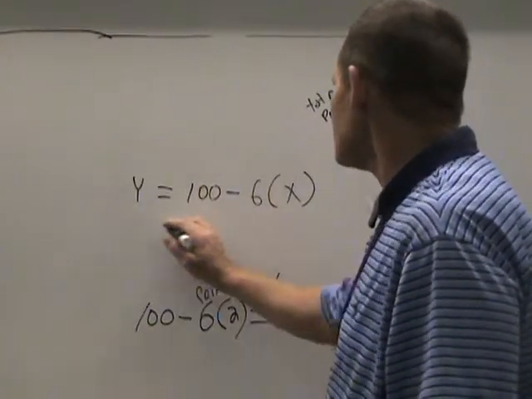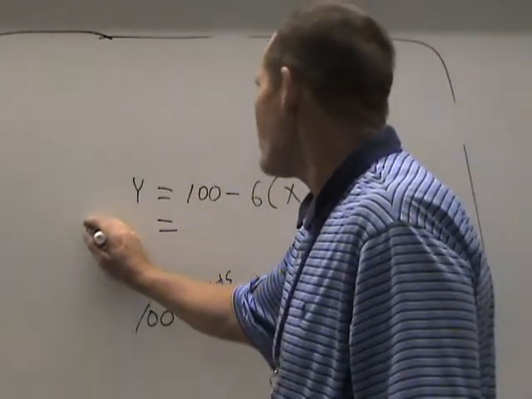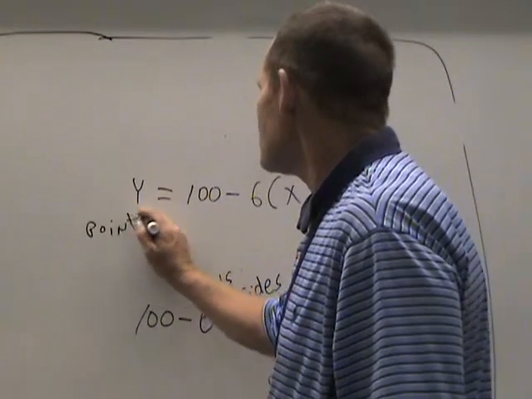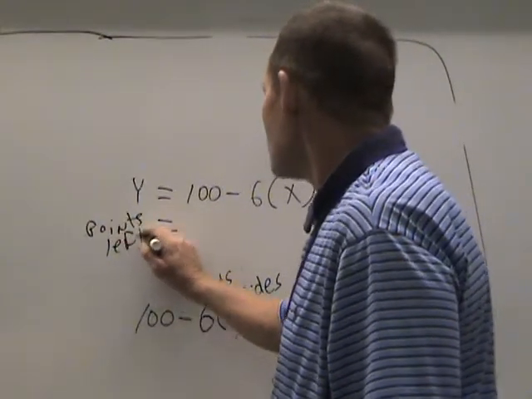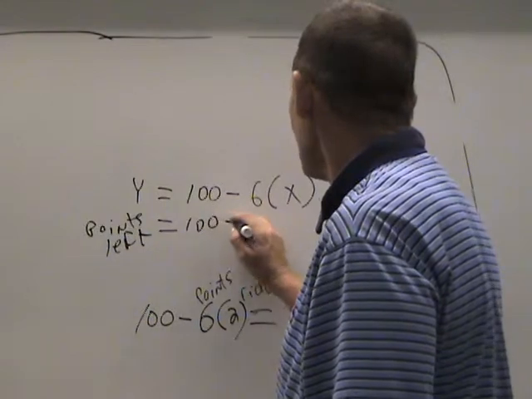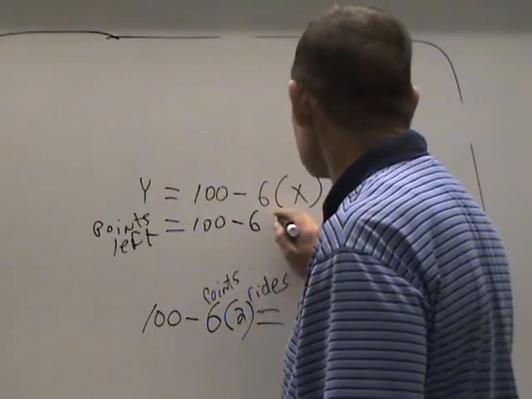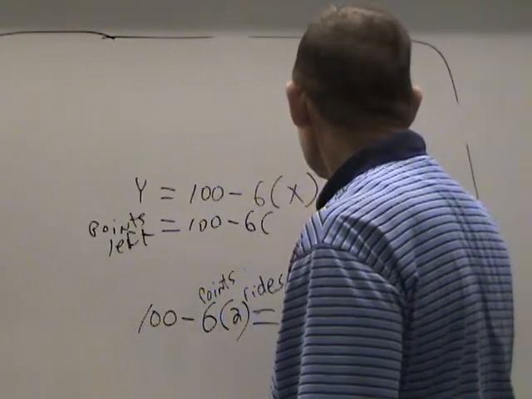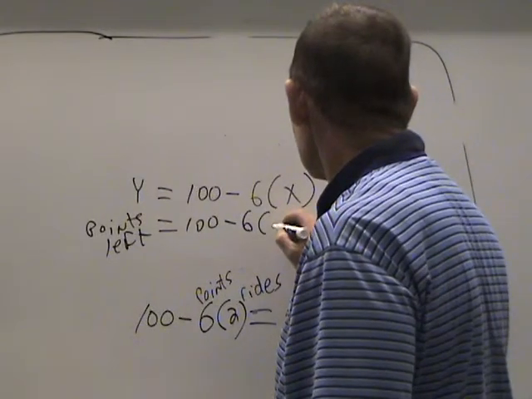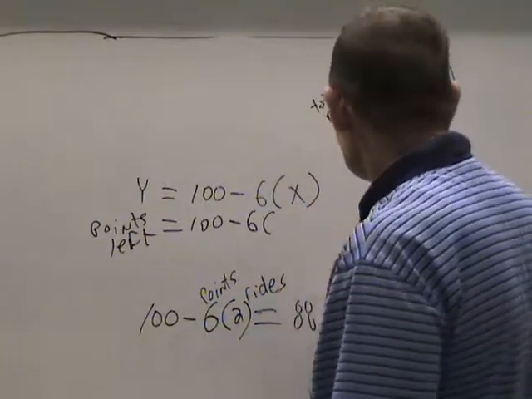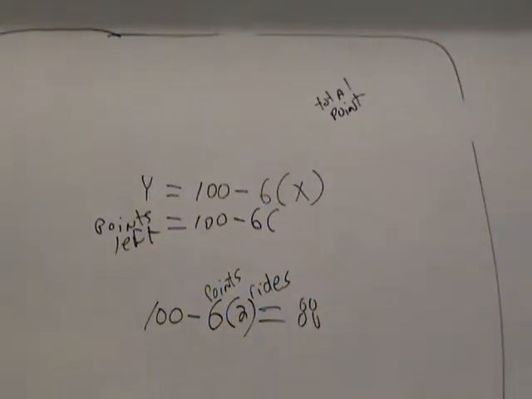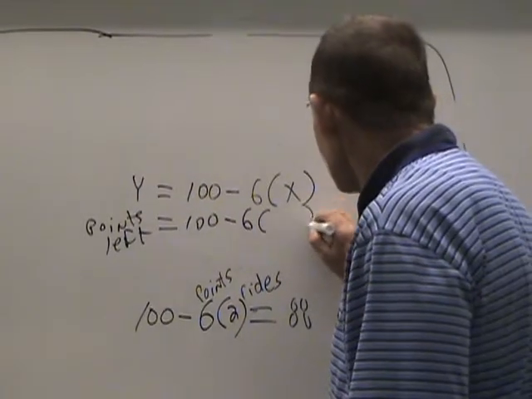So y is actually the points left. Points left equal 100 minus 6 times what? 6 times x. 6 times the number of rides.